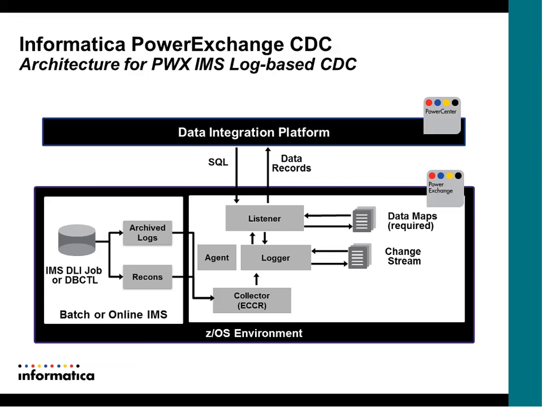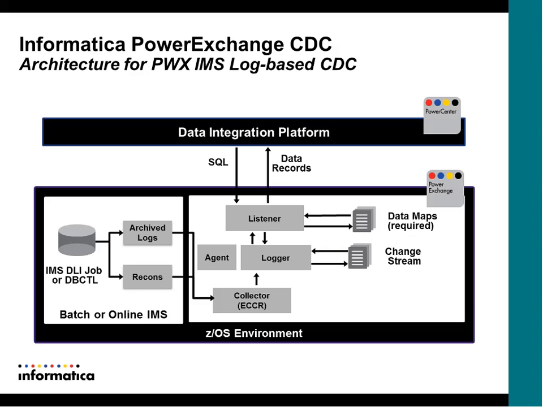One of the other heavily used databases on z/OS is IMS. And we actually have two techniques for capturing changes on IMS. We have one we call log-based, where the collector process runs over there, and when IMS archives one of its logs, that archived log is now available to the collector.